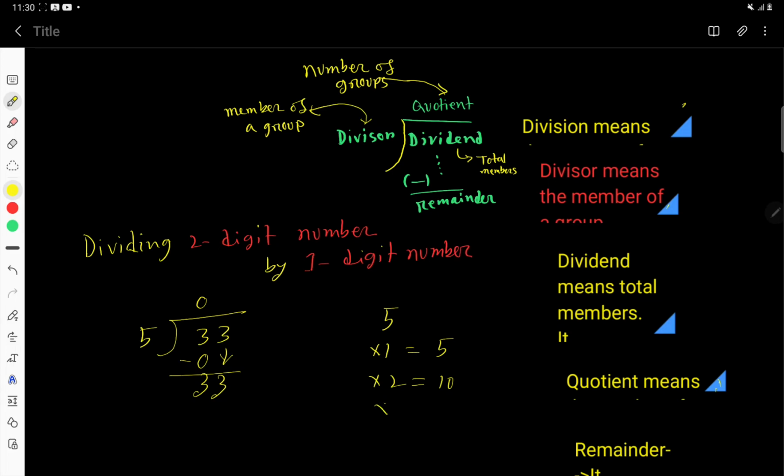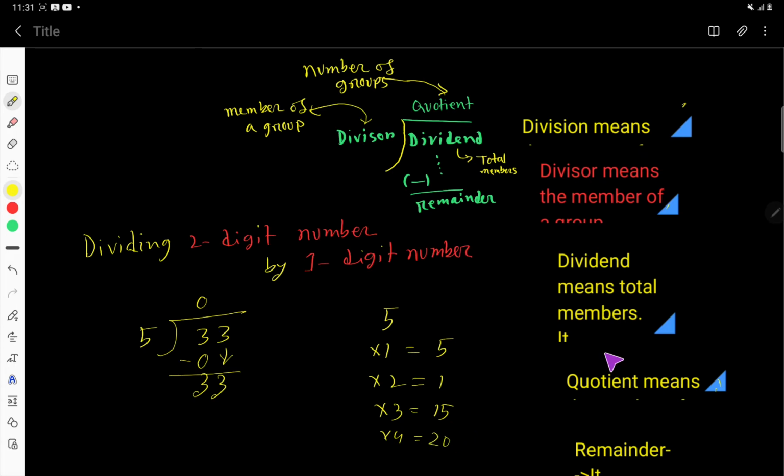Then 5 times 3, what will be the value? Just add 5, that is 15 here. Then 5 times 4 gives us 20, right?